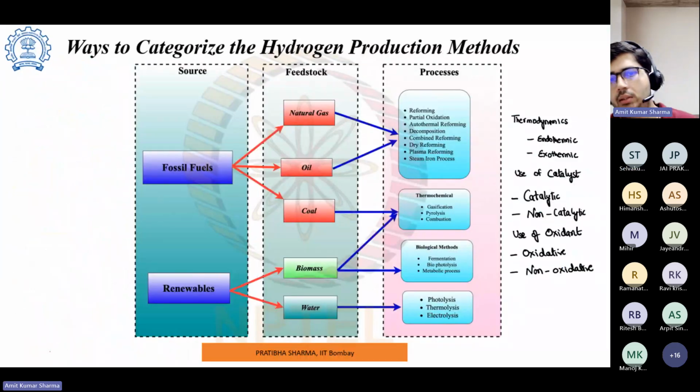In pyrolysis, we control the amount of air and increase the temperature. In detail I will discuss pyrolysis in the next class. In gasification, we are using biomass and burning it, but in pyrolysis we are controlling the amount of air.